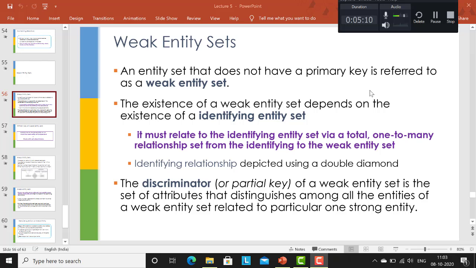Inside that train number, I'm trying to identify different coaches. I'll use coach numbers: S1, S2, S3, A1, A2, A3. You can take these coach numbers to be the discriminator or partial key, a way to distinguish the different entities in that weak entity set.